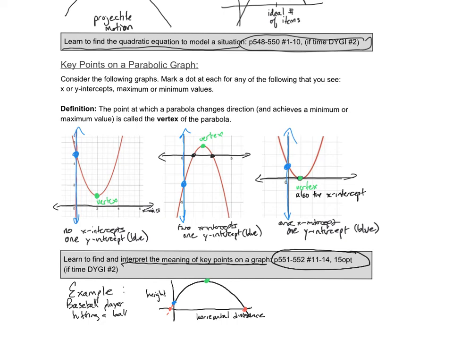Okay, let's go through one at a time and discuss the meaning of each of these. This blue y-intercept right here is going to represent the initial height during the time where the ball is hit. So right at the beginning, you don't hit it off the ground, you're hitting it out of the air. So that's the initial height. The vertex represents the maximum. We can think of it as the maximum height, or you can think of it as the peak of the ball.